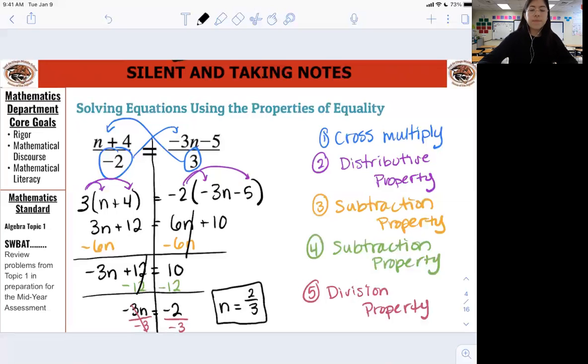Since it's 2/3, it would definitely be turned into a decimal. So if this was a real world problem and it was talking about money, then my final answer would be 0.67. I would turn it into a decimal. Okay, so I think that answers that question. Any other questions?